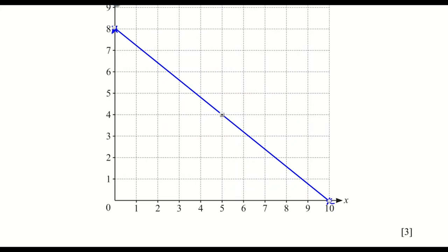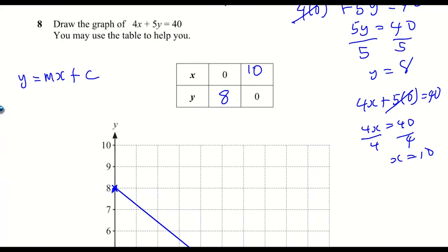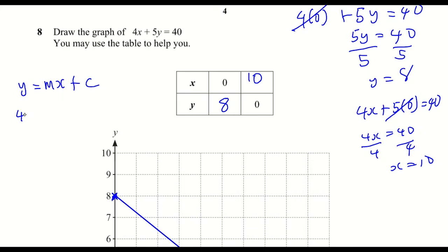Okay. So another way you can use to construct the line, if you don't want to use this table, is to write, you know, the general form of the straight line is y equals mx plus c. m is the slope and c is the intercept on the y-axis, right? So we'll try to write 4x plus 5y equals 40 in this way.